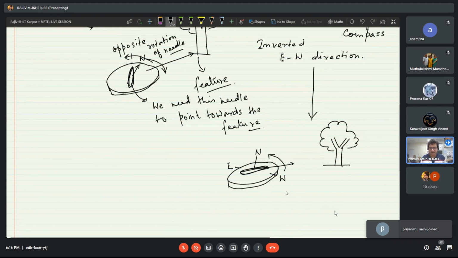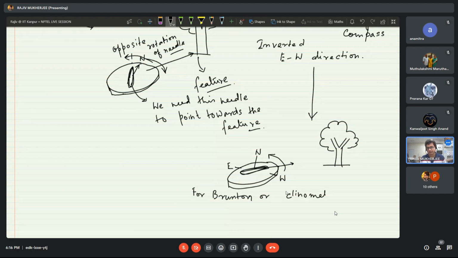So in this case, in Brunton or clinometer compass, the needle will point towards the feature.